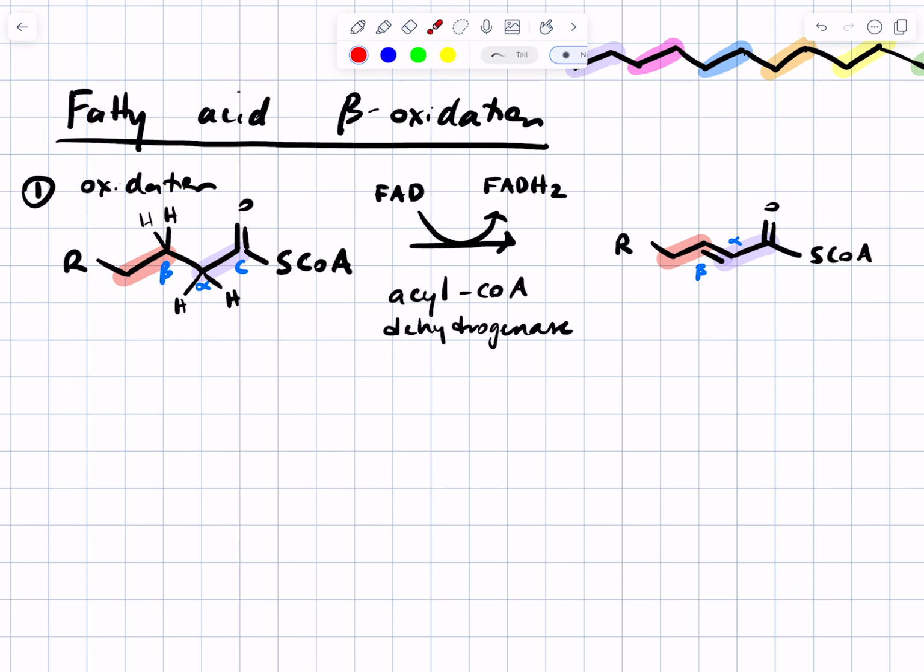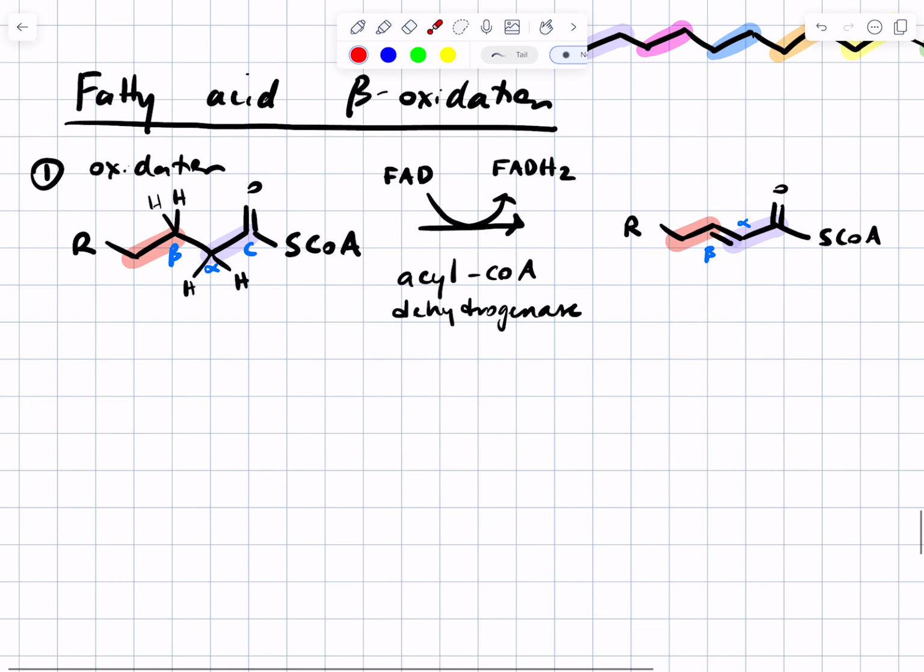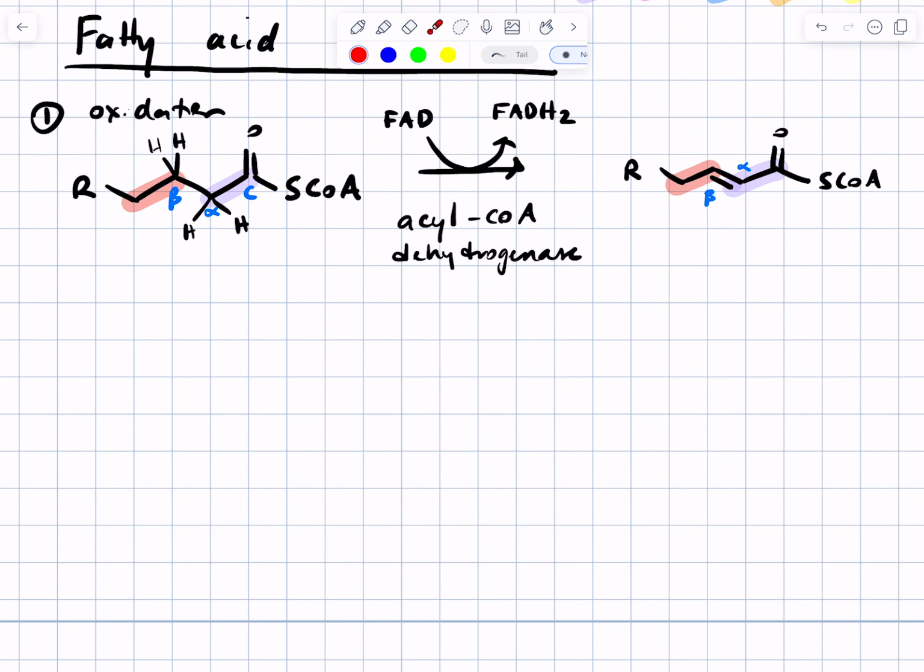Both hydrogens, one from the beta carbon and one from the alpha carbon, end up formally on FADH2. So I'll show you what FADH2 looks like. It's not going to be as easy to understand as NADH and NAD+, so you may have to just accept on faith that what I will show you is mechanistically reasonable.